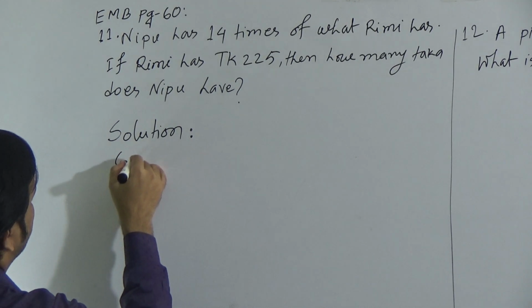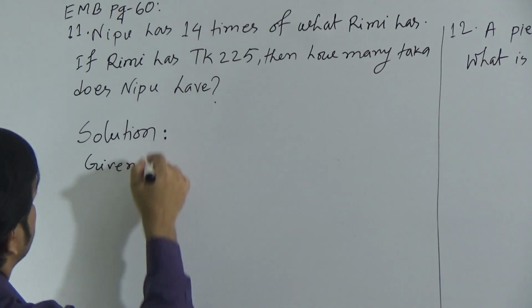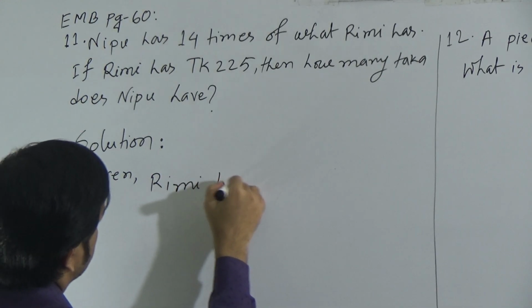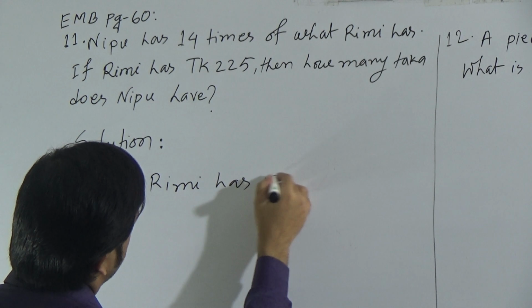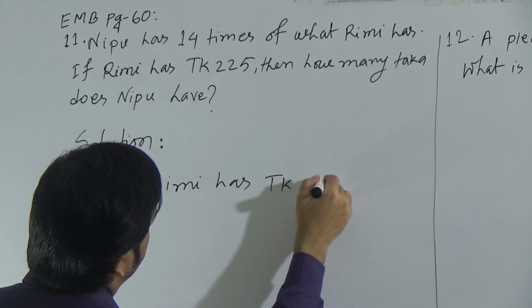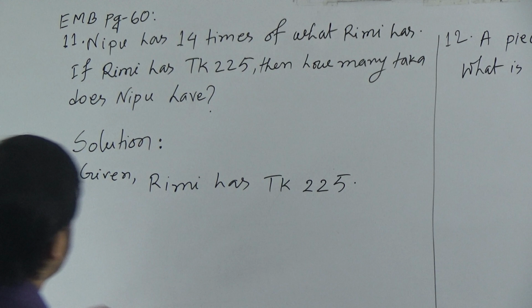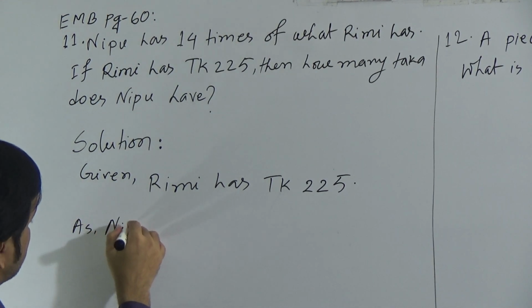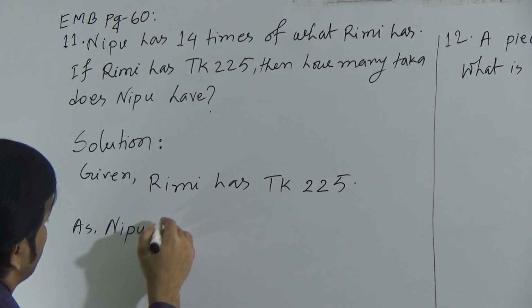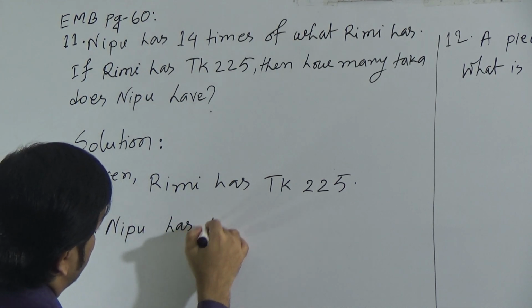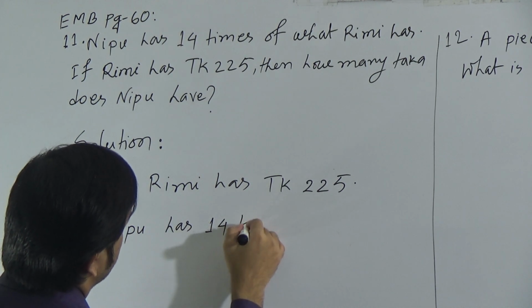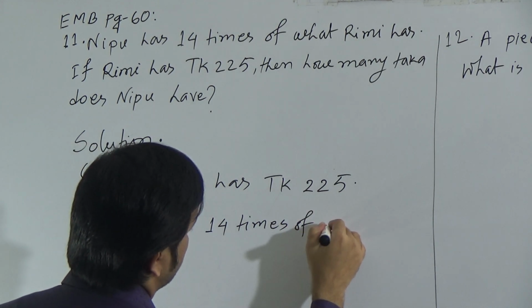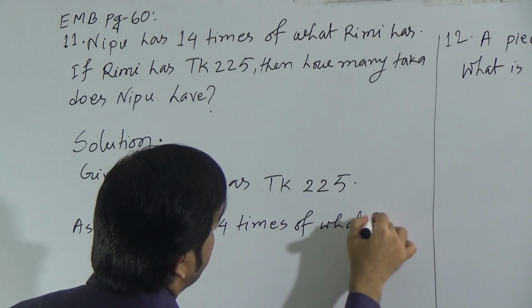We can write given: Rimi has taka 225, as Nipu has 14 times of what Rimi has.